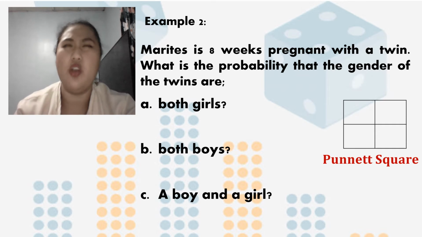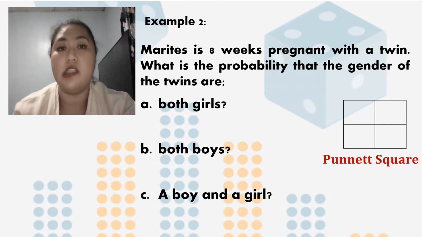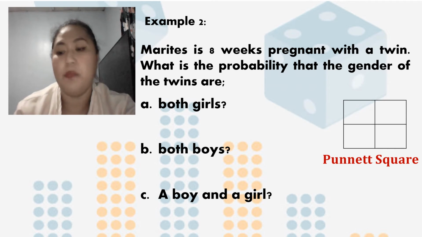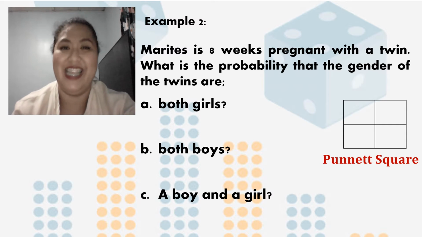Isa siyang square diagram wherein in science, it is used to predict possible characteristics of a species. Pwede siyang ipag-predict ng gender, ng type of hair, kung straight or curly, color of the hair as well, color of the eyes, skin complexion, and other characteristics.